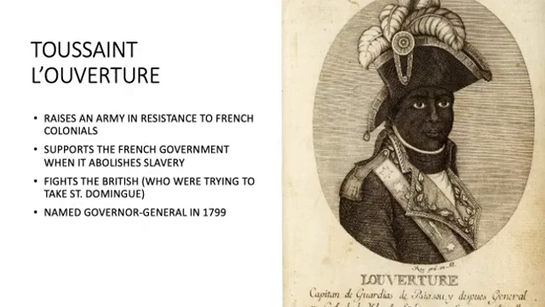Eventually you are going to see that Toussaint Louverture is going to rise as the leader of the enslaved. He's going to become a military leader. He insists on discipline, and he is going to be very important for organizing the slaves.